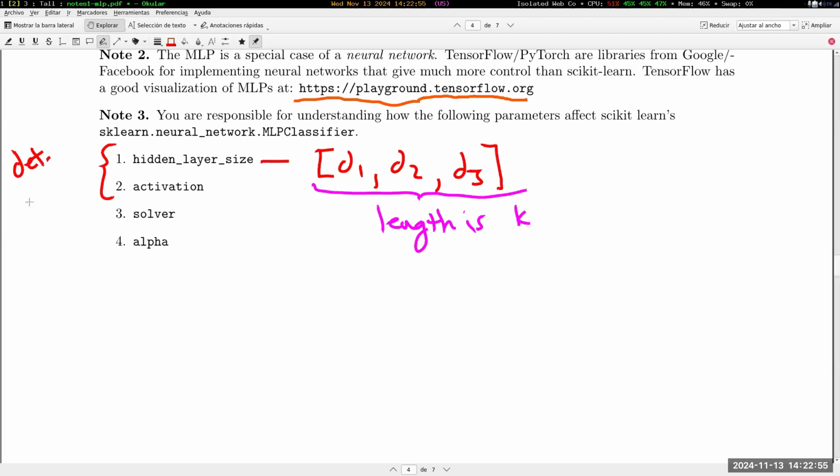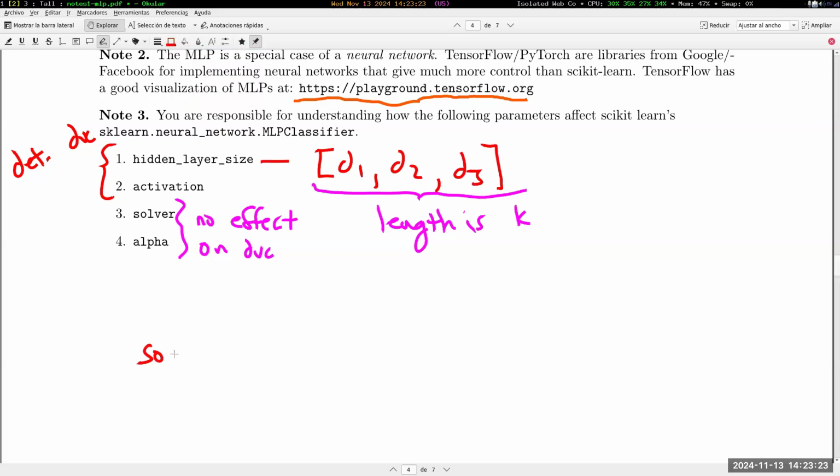These two together will determine the DVC. The solver and the alpha are independent of DVC. No effect on DVC.